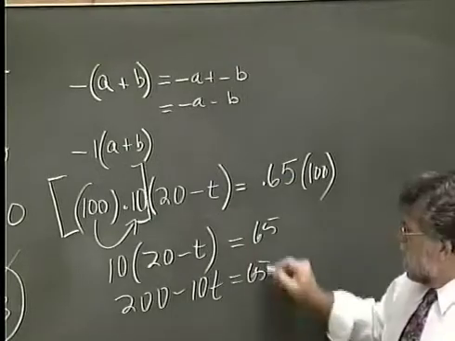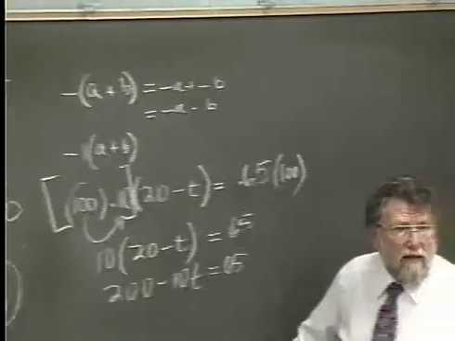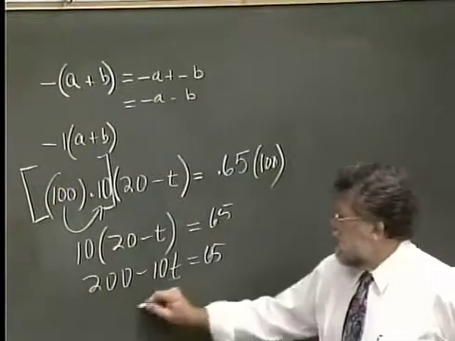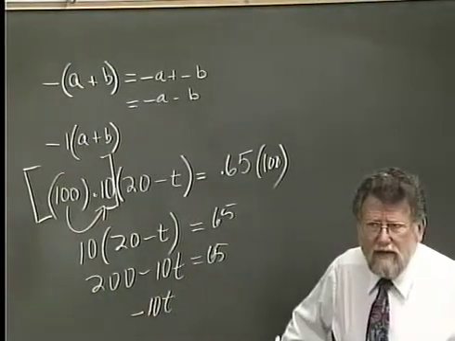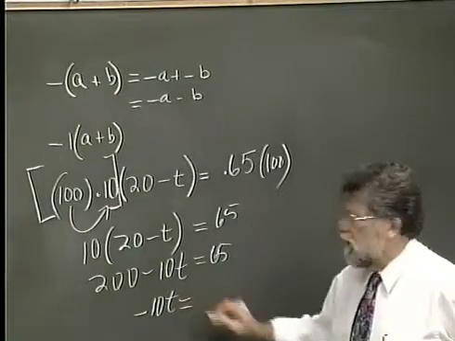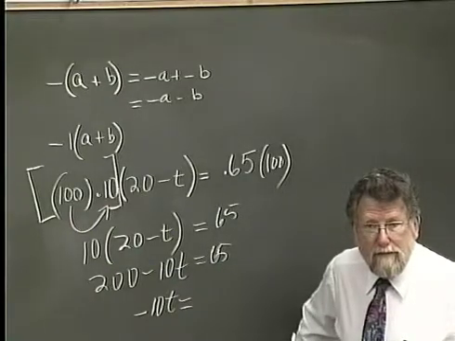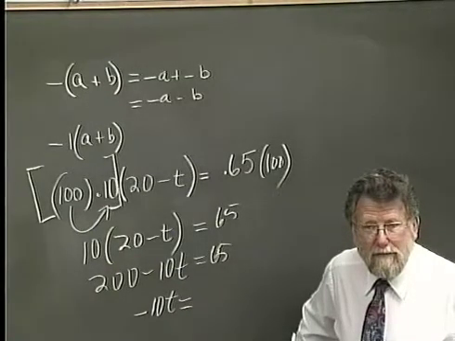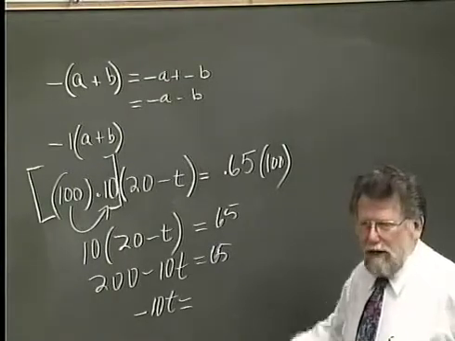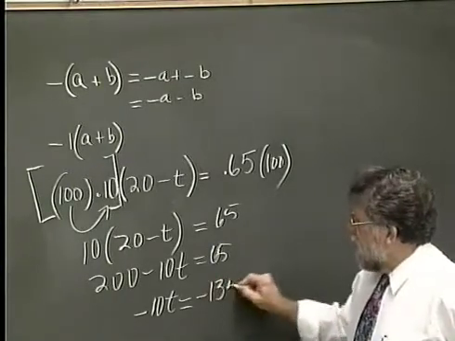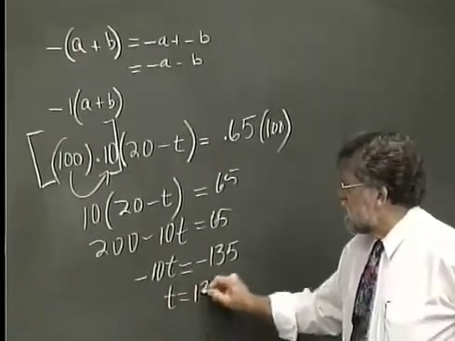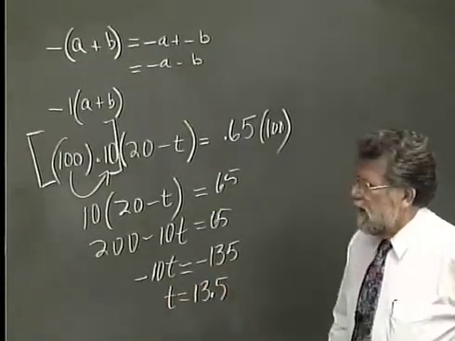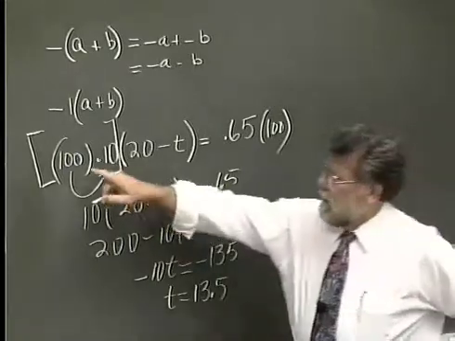Now what happens? Well, I want to isolate the term containing the variable, which is negative 10t. So what am I going to subtract from both sides? 200. So that gives me what? Okay, negative 135. Then I divide both sides by negative 10 and get t is equal to 13.5. Now where is the problem?